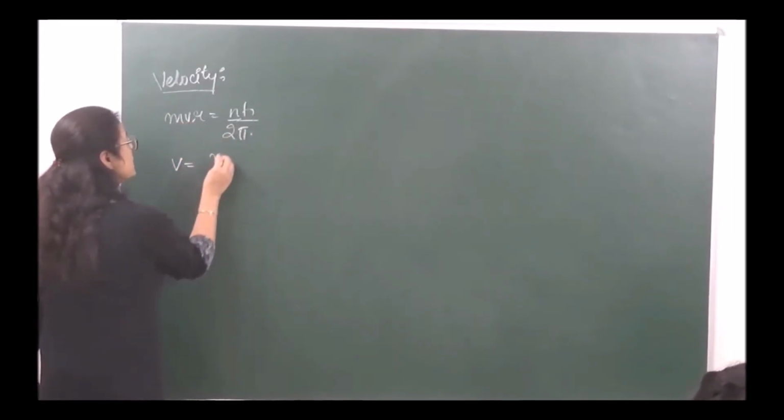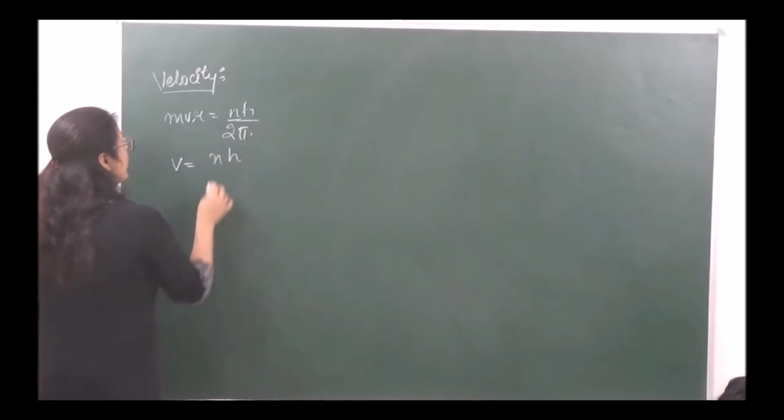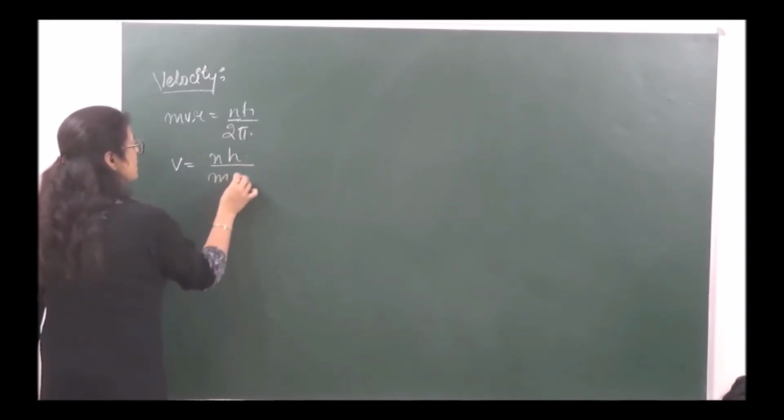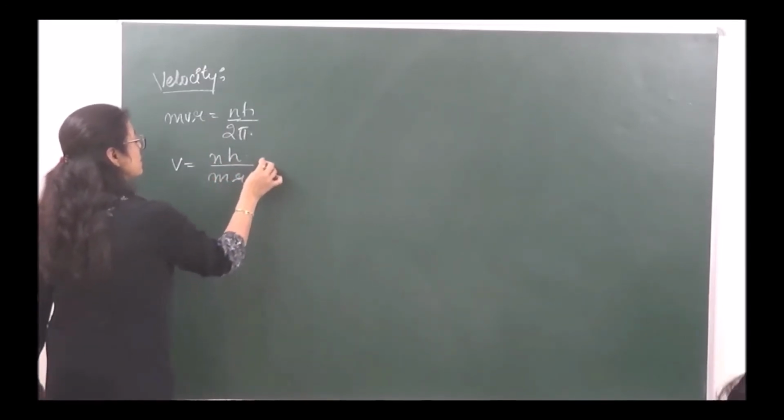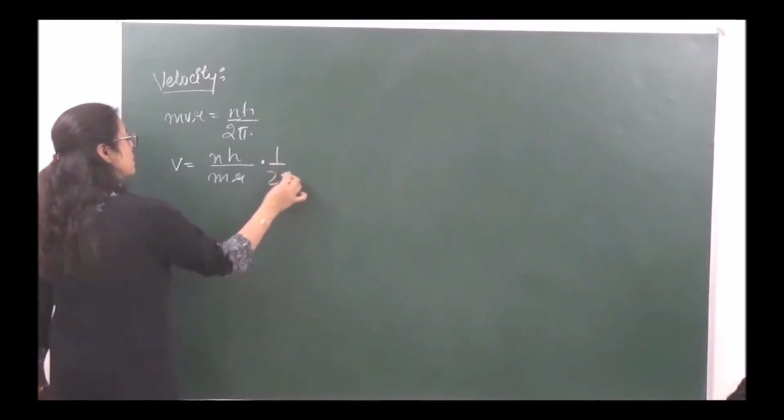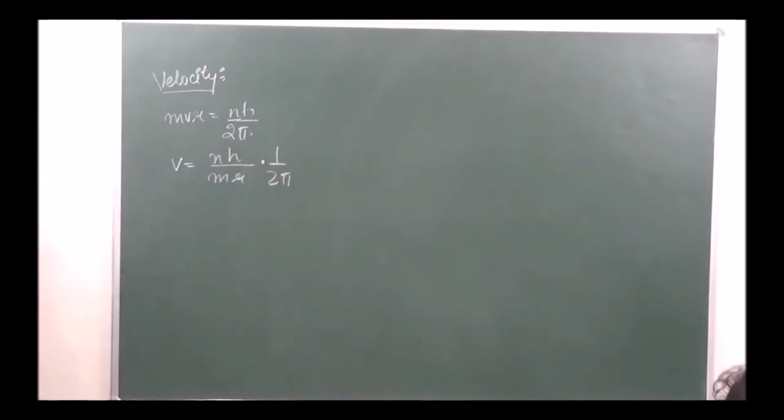So mv, we have to calculate the velocity. So velocity in this case will become equal to nh upon mr into 1 upon 2 pi.